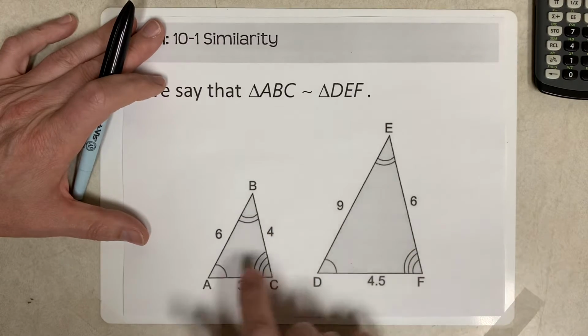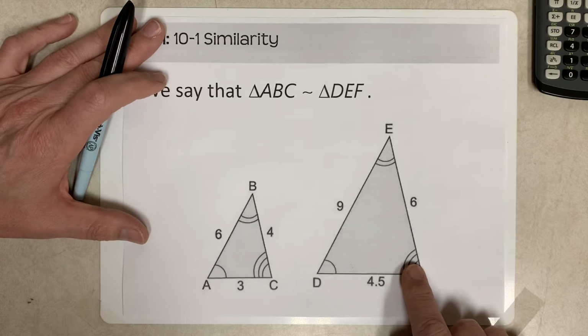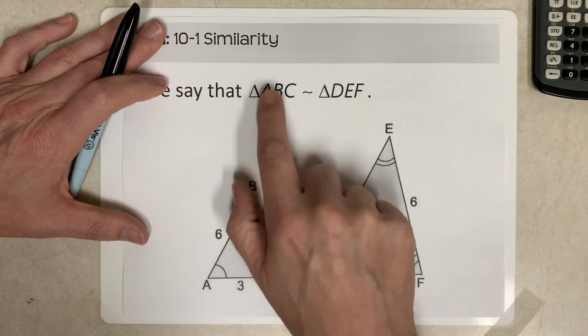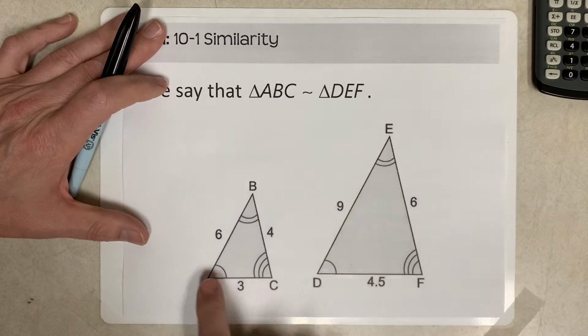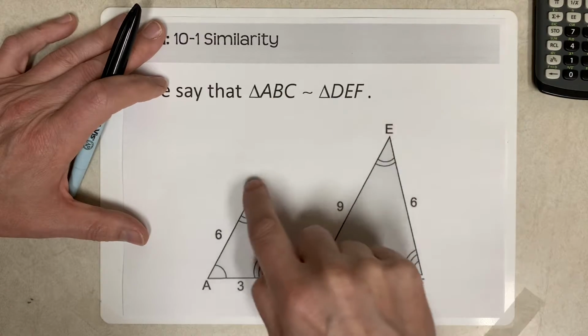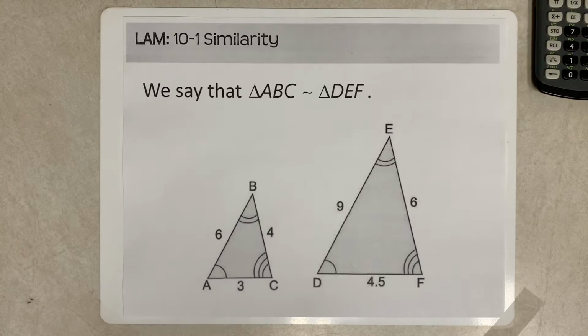So you couldn't say ACB, DEF, because then the angles wouldn't match up. So AB, DE, AC, DF, and BC, EF. So all 3 of the sides do match up, and they are in proportion to each other. That's another term that I'm going to use, is proportional.